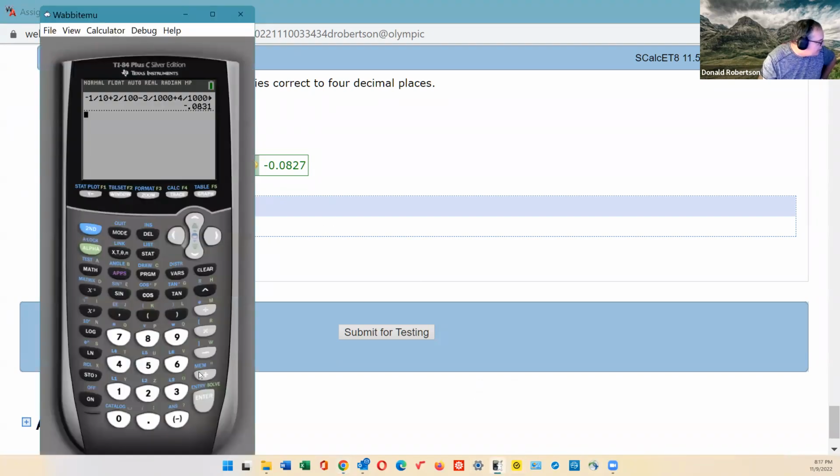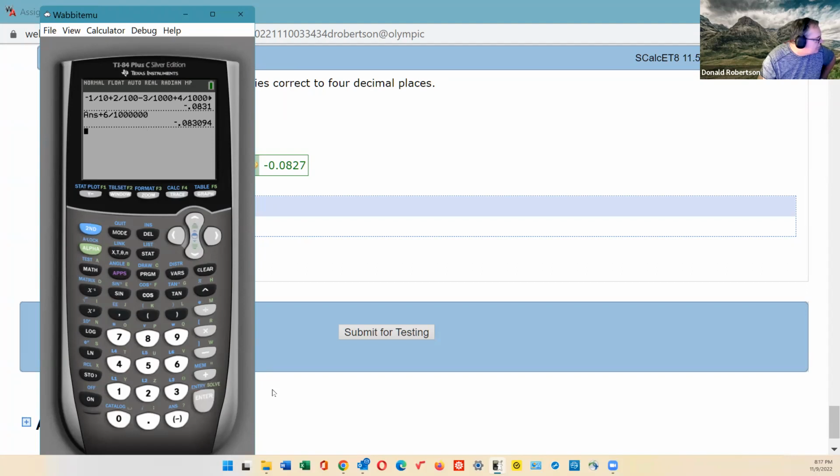I think the only difference would be that I needed to add one more term. Let's see if that makes any difference. Well, if I did the next term, it would be add 6 divided by 10 to the 6, which is 1, 2, 3, 4, 5, 6 zeros.